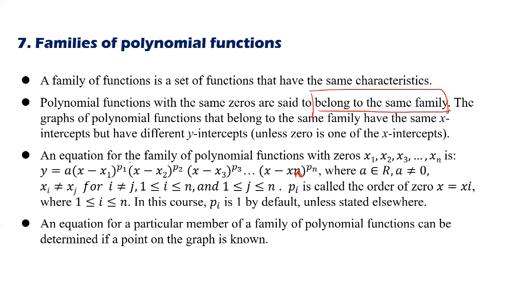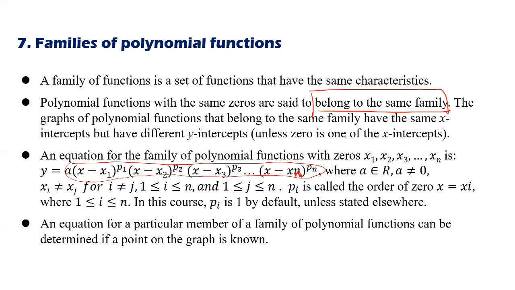That means, first of all, we need to simplify this and combine all the same zeros in one factor. In this course, pi is 1 by default, unless stated otherwise. An equation for a particular member of a family of polynomial functions can be determined if a point on the graph is known.